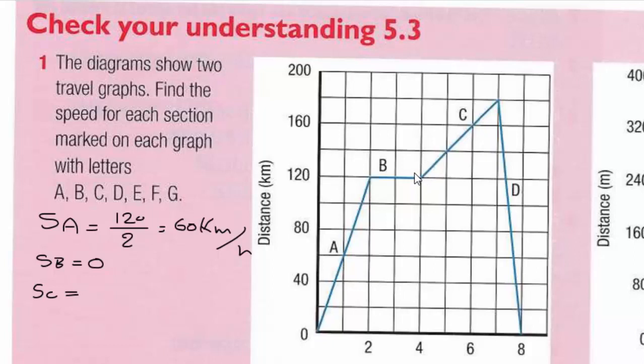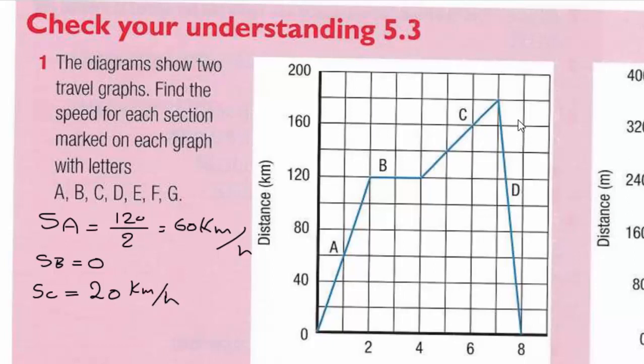So this is 120, 140, 160, 180. So it means there are 60 kilometers in how many hours? 1 hour, 2 hours, 3 hours. 60 kilometers in 3 hours means 60 divided by 3, which is 20 kilometers per hour.